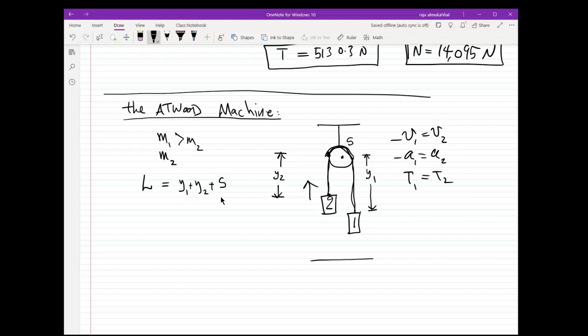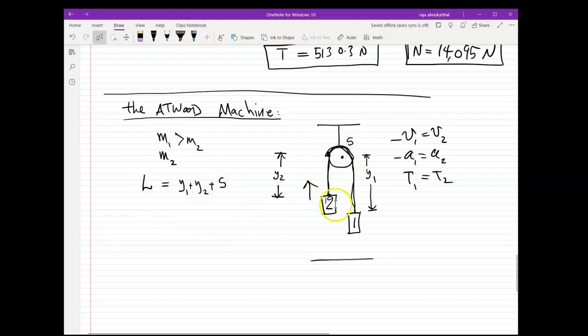Now, let me take the derivative of both sides. Why am I doing that? I'll show you in a second. So, take the time derivative of both sides. We are assuming that the cable is rigid, which means it's not elastic, and therefore the length L is constant. Also, the length S here is constant. Do you agree with me on that?